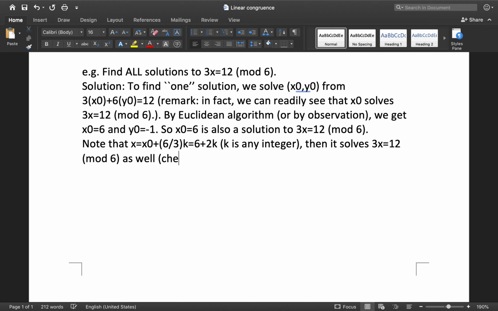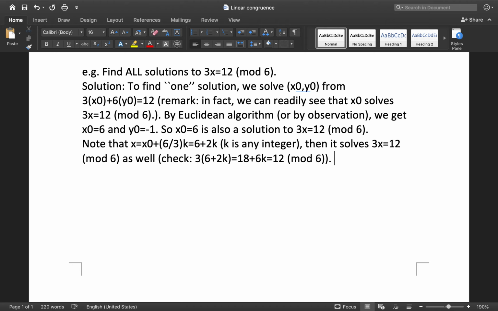Again, you can check it very easily. You substitute it back to the left hand side, then you get 3 times (6 plus 2k), and that is 18 plus 6k. But that is exactly congruent to 12 modulo 6, because 18 is congruent to 12 modulo 6, and the 6k is just congruent to 0 because it's a multiple of 6. So that is clearly a solution.